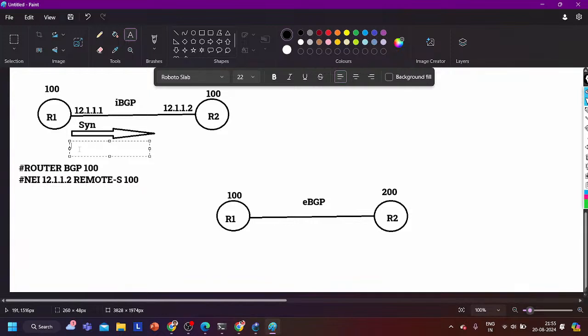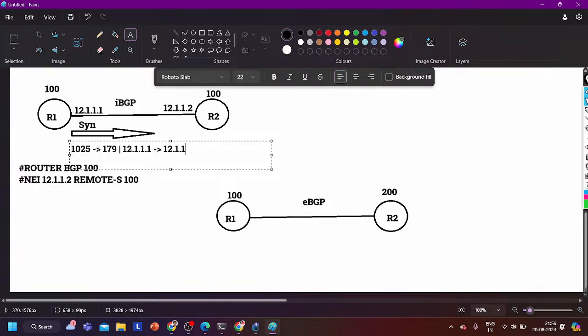Let's suppose here the random source port number is 1025 and the destination port number is 179. Then the source IP address will be the IP address of the exit interface, which is 12.1.1.1. The destination IP will be 12.1.1.2.